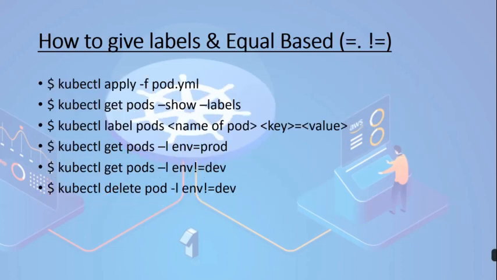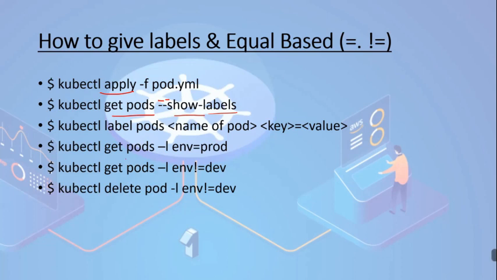Let's understand how to give a label and what the equality-based selector is. In the previous slide, we already understood how to give a label in a manifest file. After saving the manifest file, we use the kubectl apply command. If you want to show our labels, the command is kubectl get pods --show-labels.